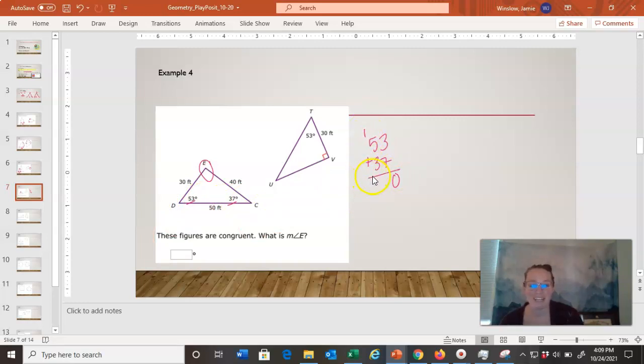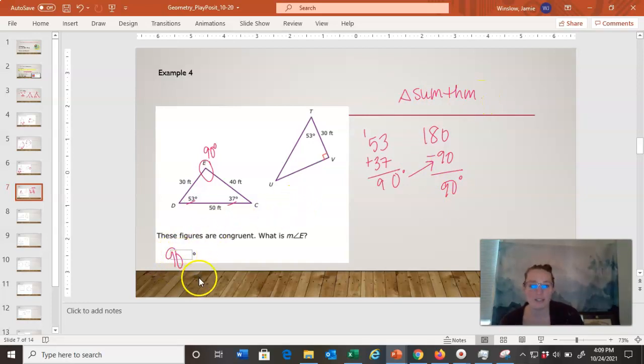I don't have my calculator handy. You could get your calculator if you want. 90 degrees. Okay, so two of those angles are 90 degrees, which must mean angle E is also 90 degrees, right? Because then we take this and subtract it from 180, and you get 90. That's that triangle sum theorem.